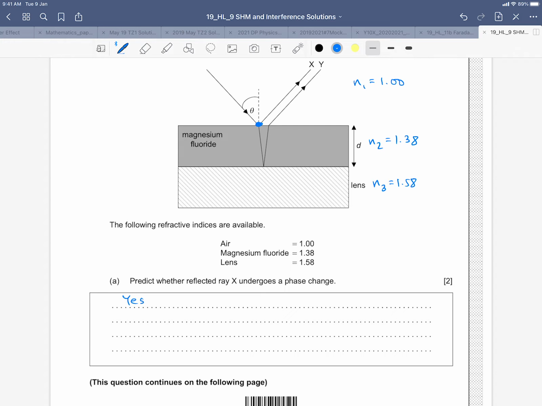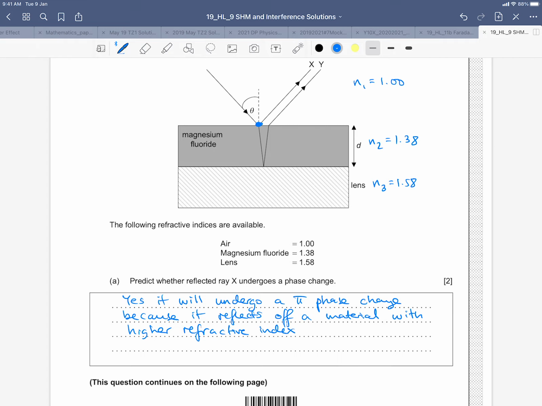So yes, it will undergo a pi phase change because it reflects off a material with higher refractive index.